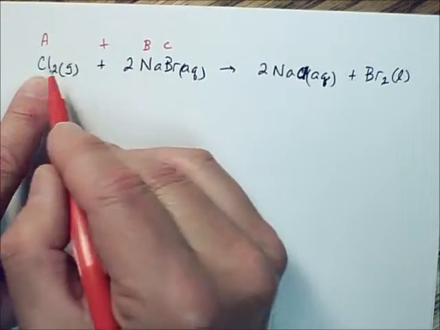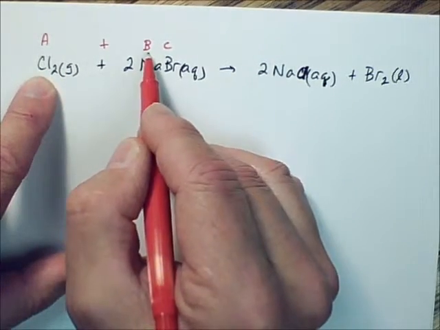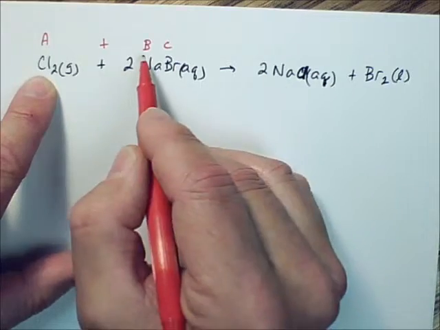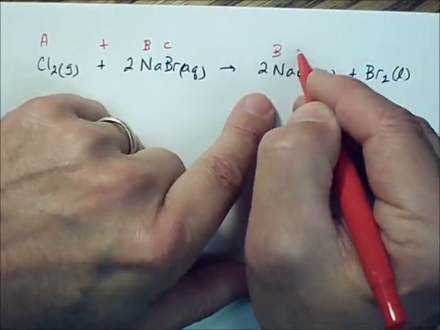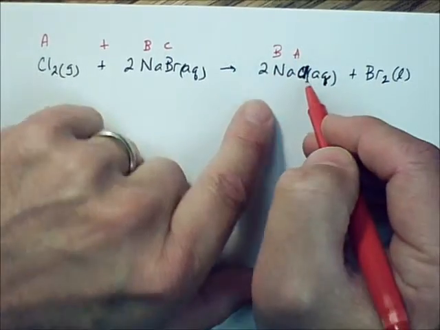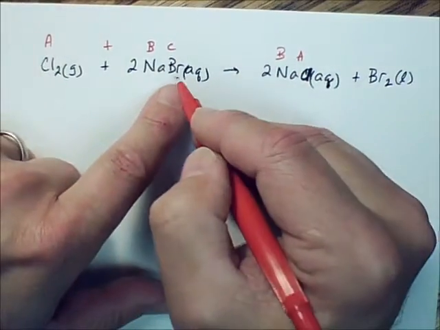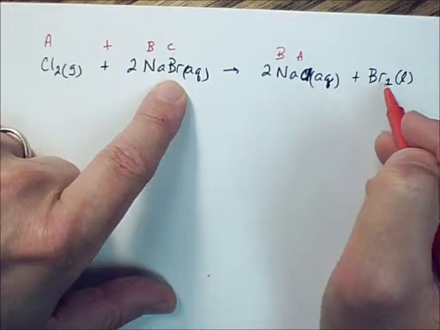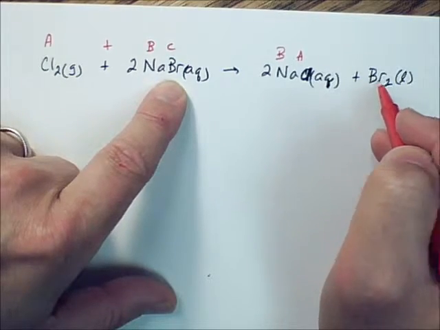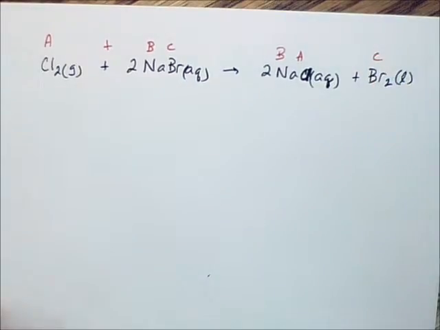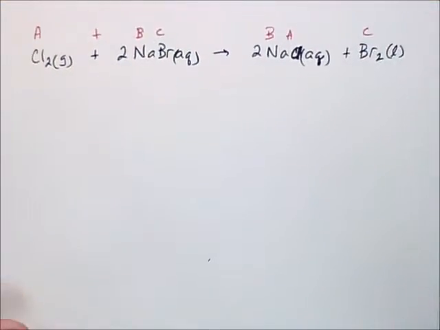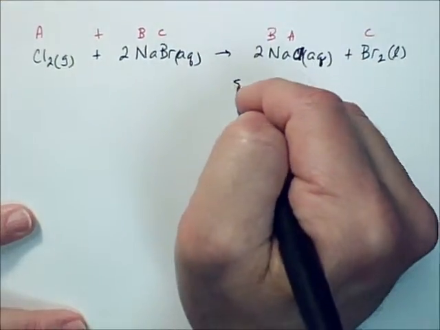NaCl, NaCl. B and A. Okay, Na is B, Cl is A. Br, even though it has 2 of them here bonded together, it's still Br, it's the C part. And this is also an example of single displacement.